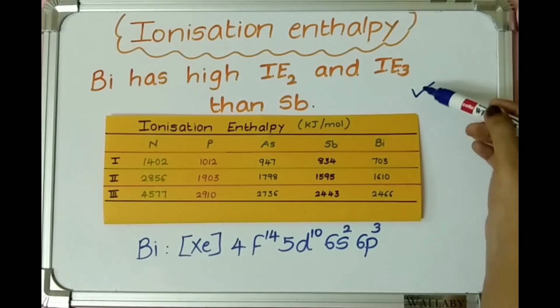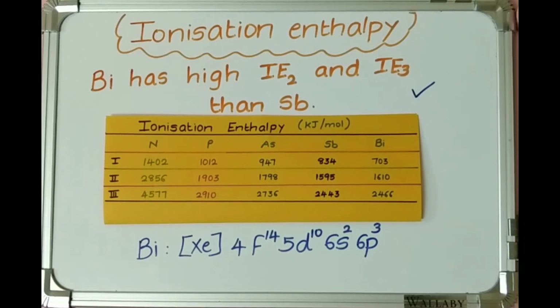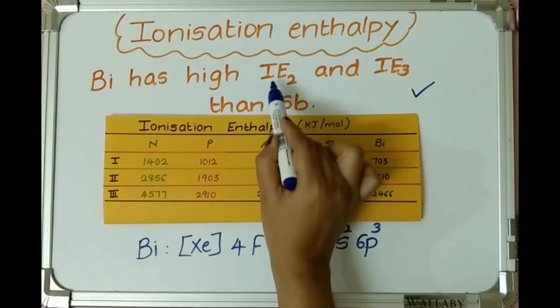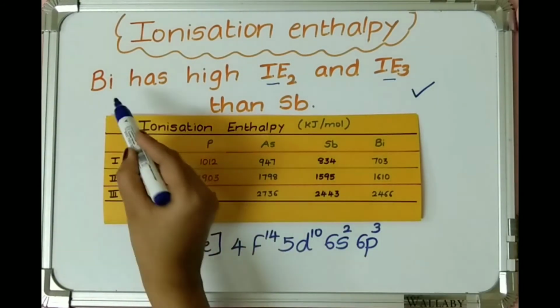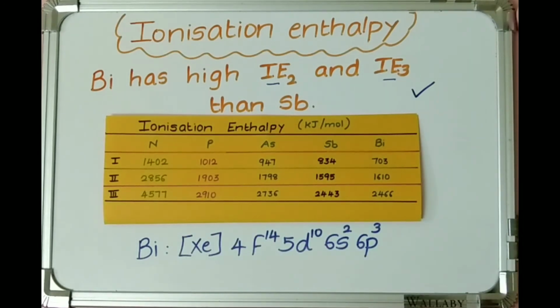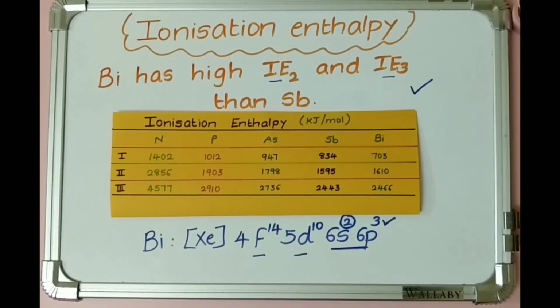So that is what I have written over here. The second and third ionization enthalpy of bismuth is higher than antimony. So again the same reason as for the melting point and boiling point.